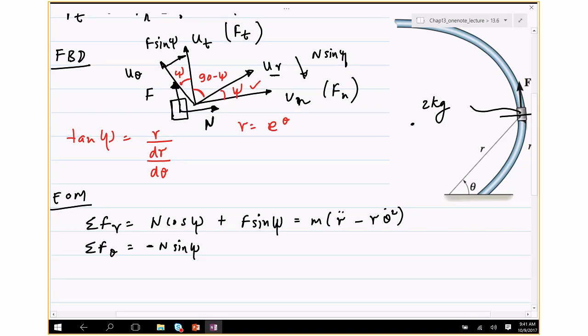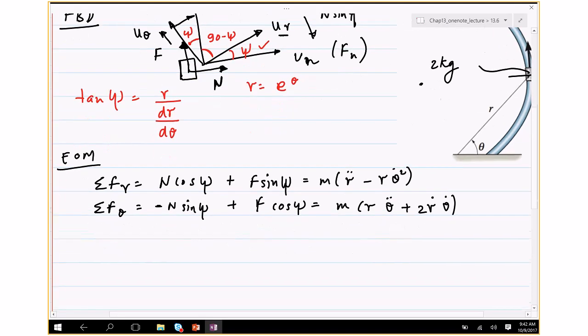And then F I need to resolve in this direction. So it's going to be F cosine psi, and it's going to be positive, equals mass times r theta double dot plus 2 r dot theta dot.